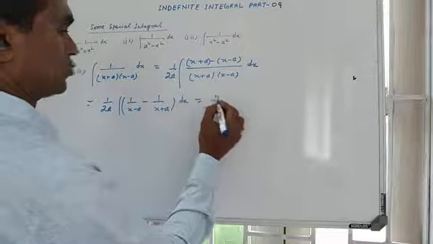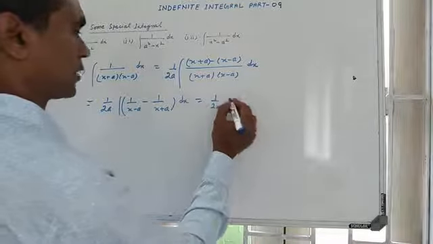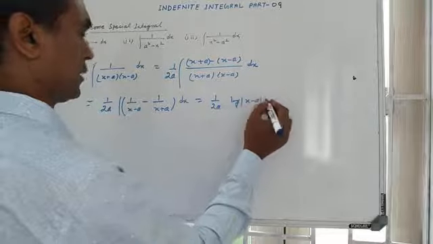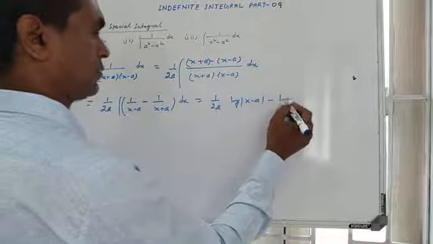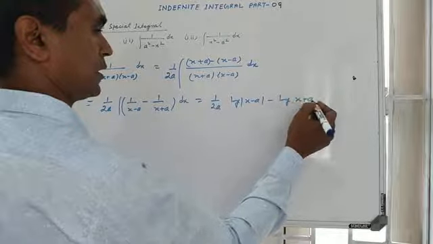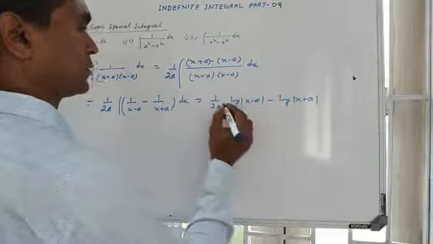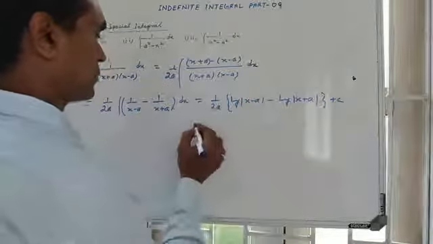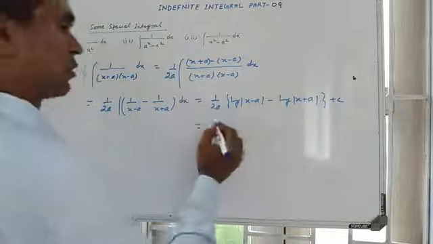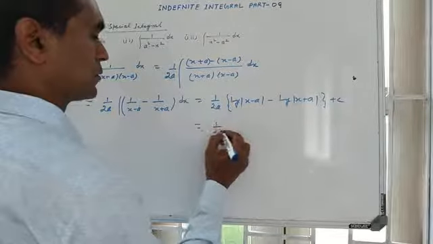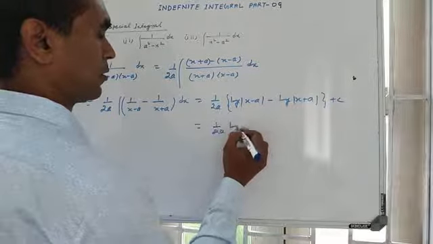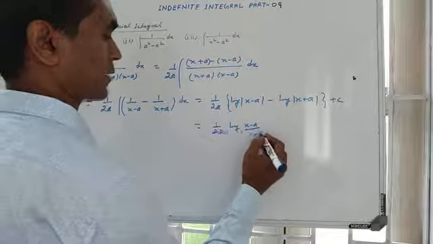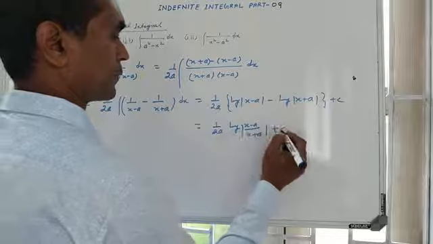So 1 by 2a, integral of this gives log of modulus x minus a and minus sign log of modulus x plus a. By using the log formula, this will become log of x minus a by x plus a plus c.